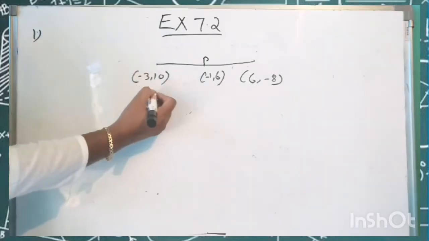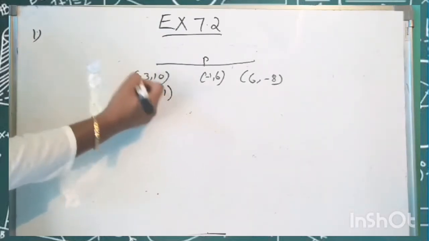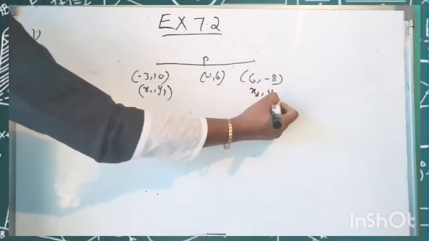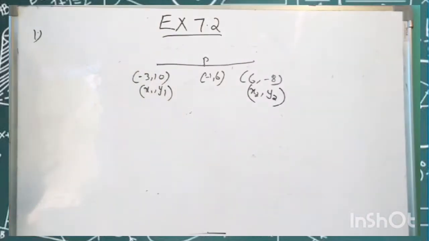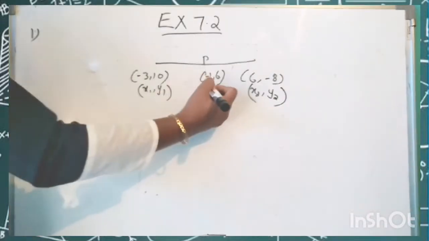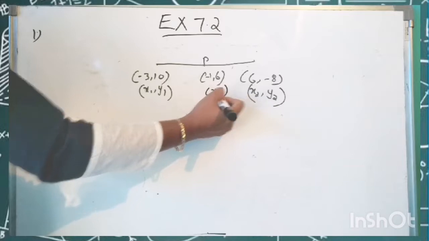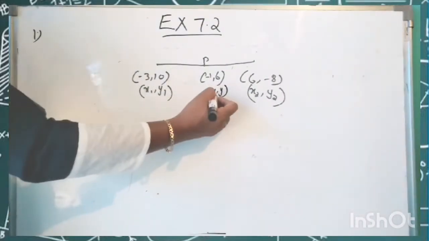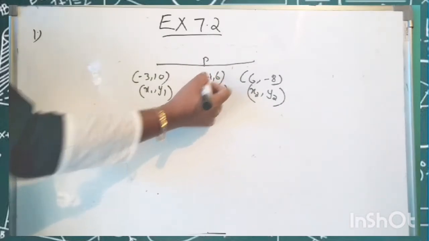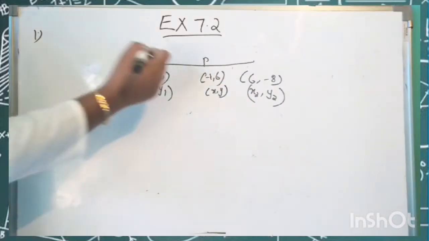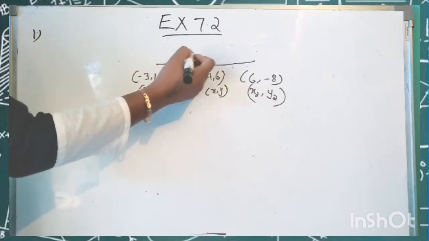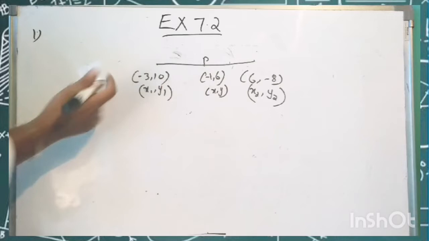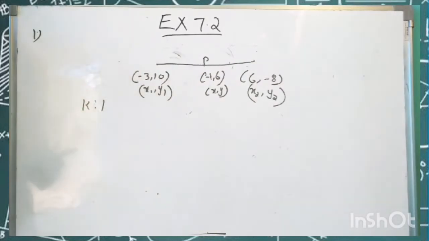So x1 comma y1 is minus 3 comma 10, and x2 comma y2 is 6 comma minus 8, and x comma y, usually we take the coordinates of P as x comma y. So instead of x comma y, here we have minus 1 comma 6, and we will consider the ratio as k is to 1.